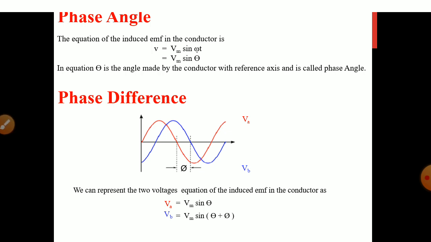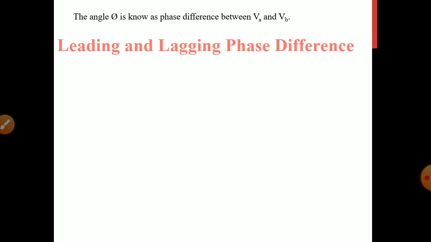Now depending on the location of these voltages, two voltages could be leading and lagging. So now we'll see the next topic, that is leading and lagging of phase difference.